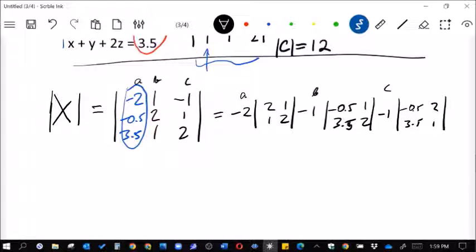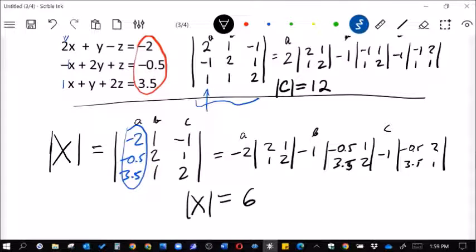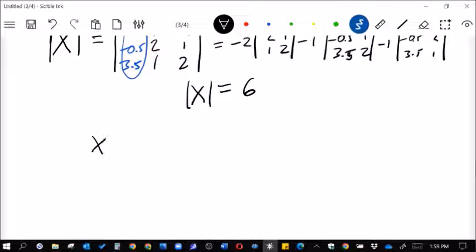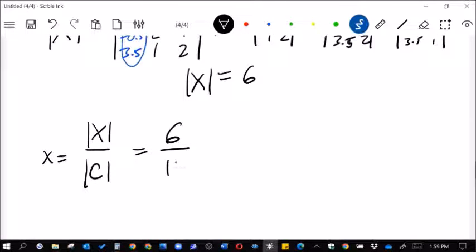Now when we calculate that, that's equal to 6. So the x determinant is 6. So now x is equal to the x determinant over the c determinant. So we have 6 over, we got 12 before, is equal to 1/2.